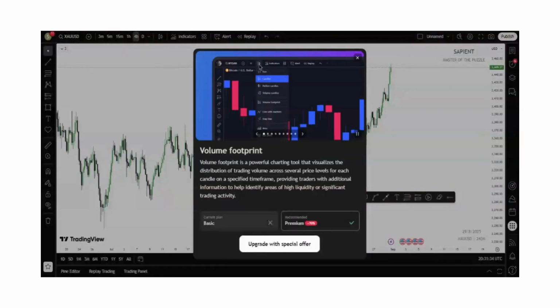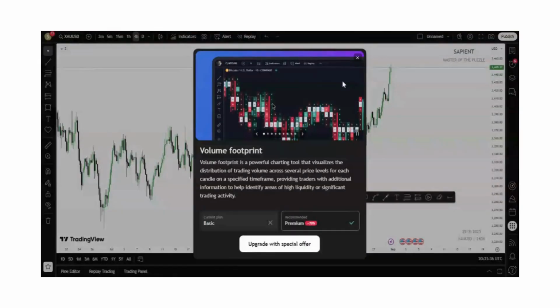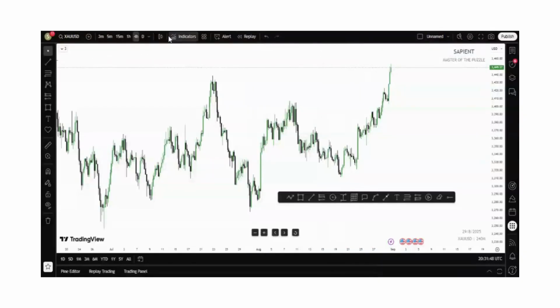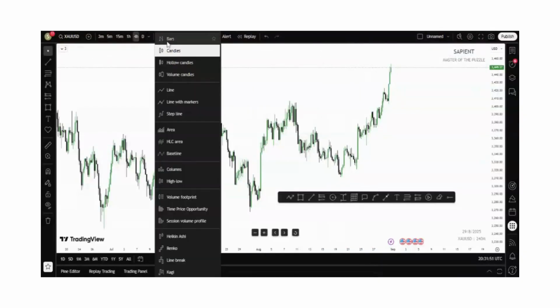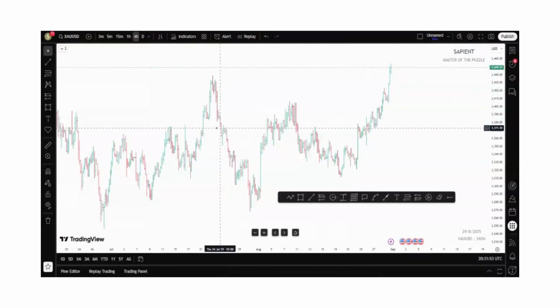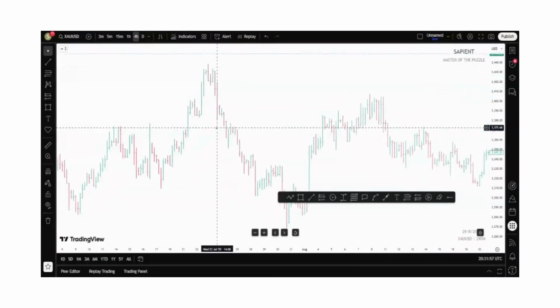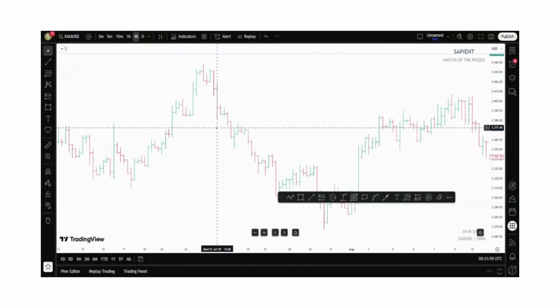Okay, because I'm using the free version of TradingView, I'm limited to some tools that I can use, but let's see, I should be able to use bar. Okay, good. So when I switch to bar, you can see it's just like a candle, but it's a lot different, and the reading is probably a lot different too.